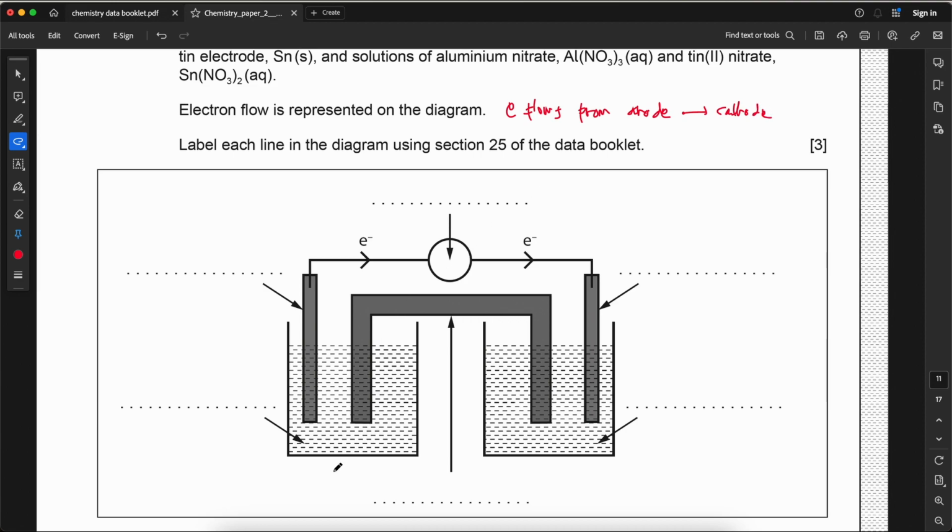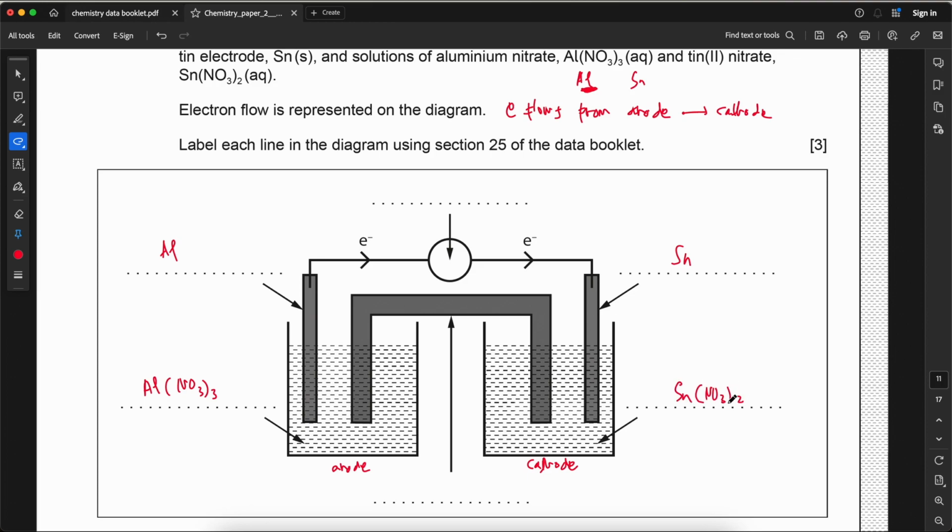So we know this one is the anode and this one the cathode. Between aluminum and tin, aluminum is more reactive. Therefore, it will experience oxidation. So here will be Al, this one will be Al(NO3)3, and this one will be tin, and this will be Sn(NO3)2.